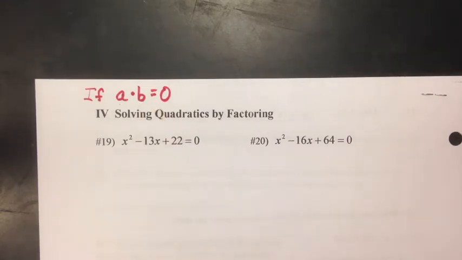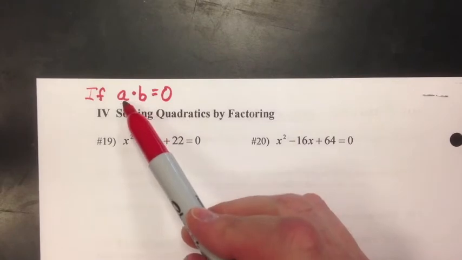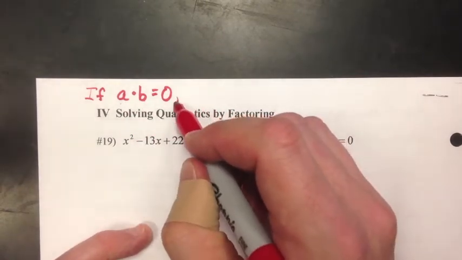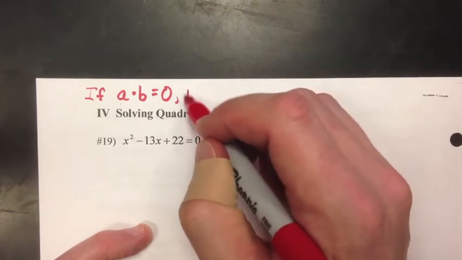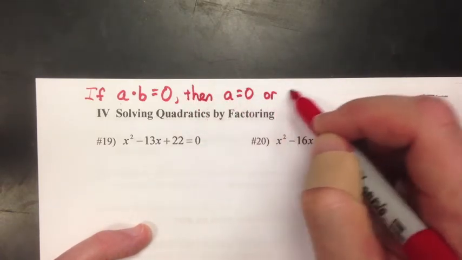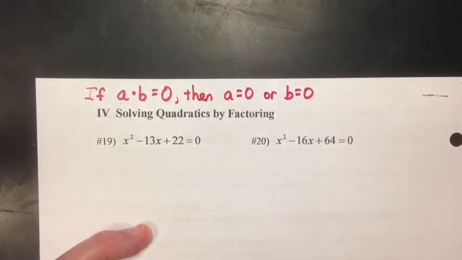What has to be true about the factors? Well, either A is 0 or B is 0. So if A times B equals 0, then A equals 0 or B equals 0. That always has to be true.